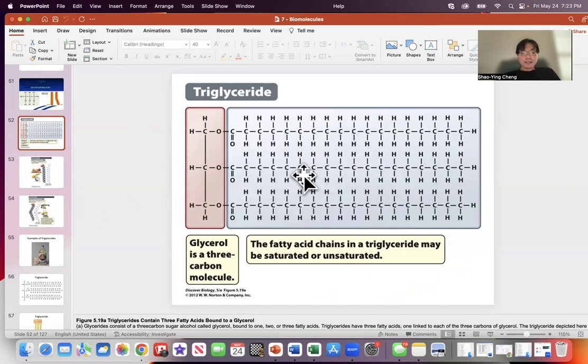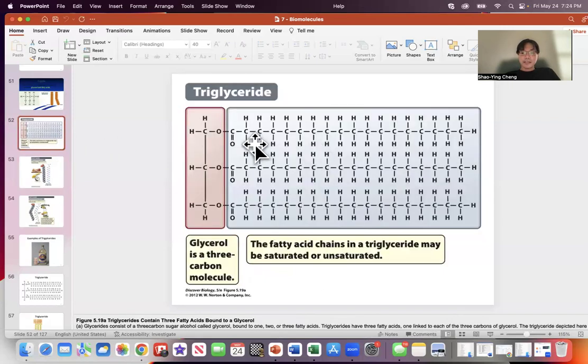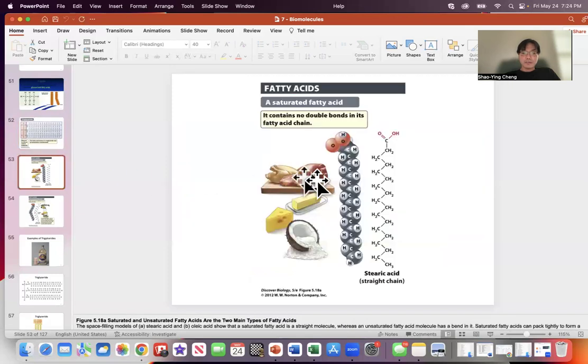And these fatty acids, they have long tails. If they are all single bonds, you can see one dashed line. That's the single covalent bond. It's called saturated fat. And actually, their structure is not a direct line like in the previous slides. It's actually a 3D structure.